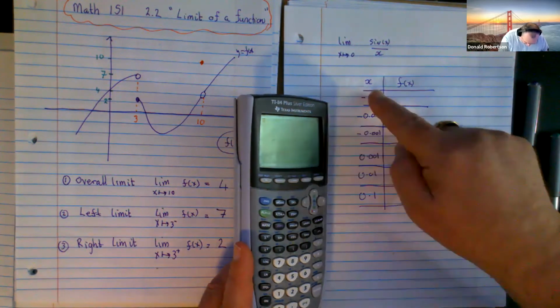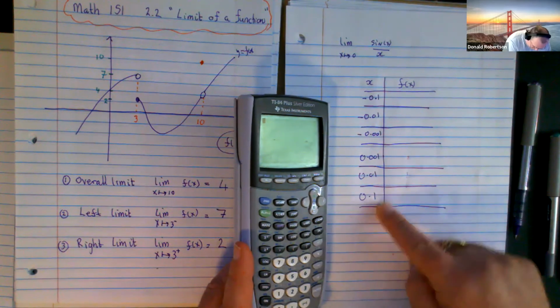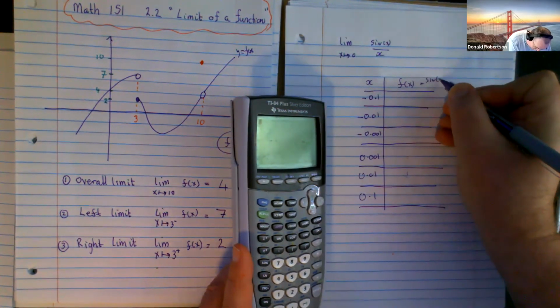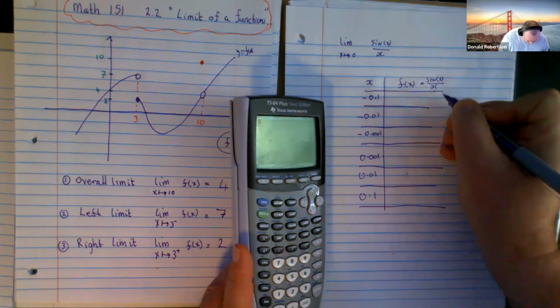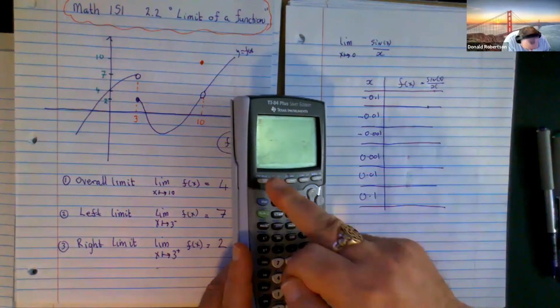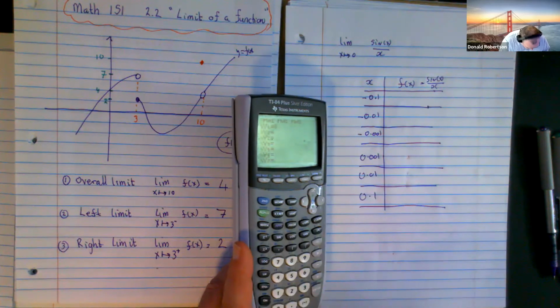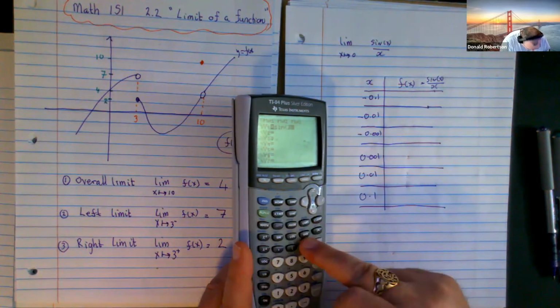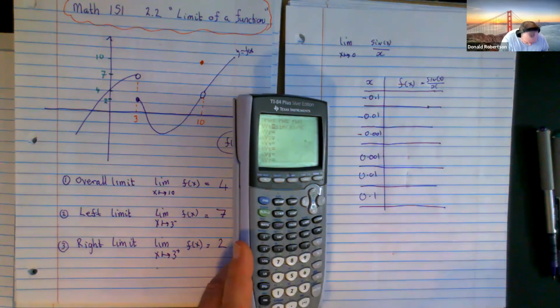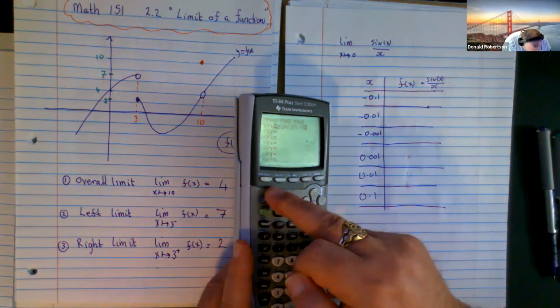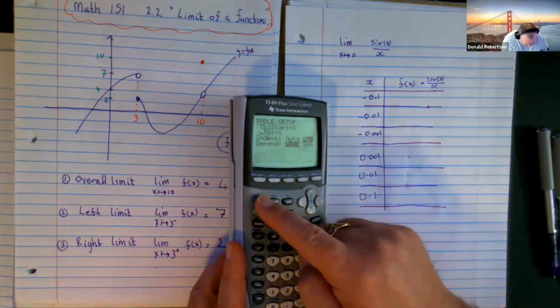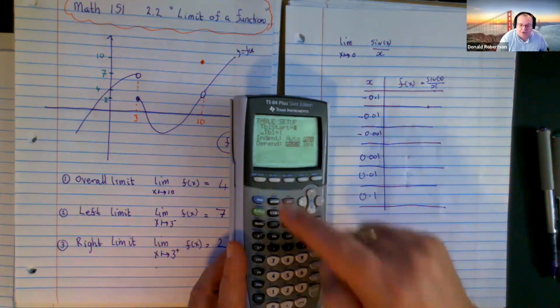So I need to get a whole load of values. All right? I need to find out what sine x over x is as you get closer and closer to 0. And the best way to do that is to go y equals on your calculator, type in sine x divided by x, then go second table setup. Okay, second window, second table setup.